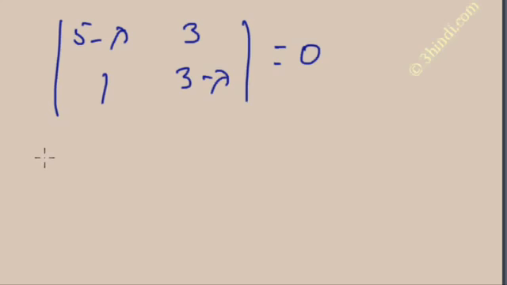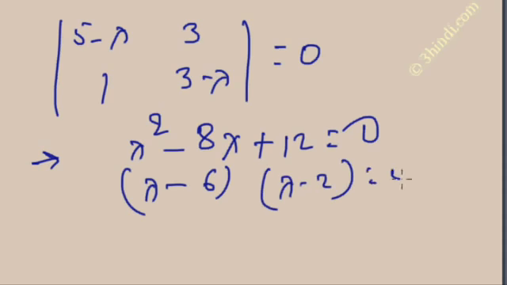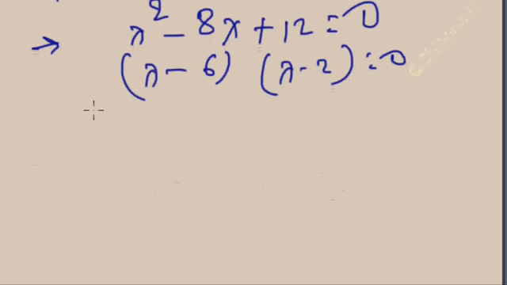This is the characteristic equation. This means lambda square minus 8 lambda plus 12 is equal to 0, so lambda minus 6 into lambda minus 2 is equal to 0. So lambda is equal to 2 and 6.